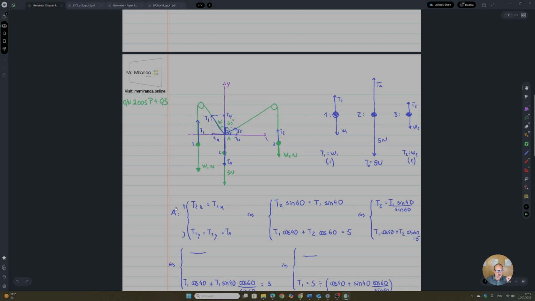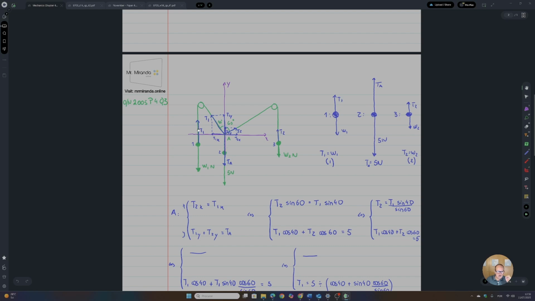All right, so on point A, what do you have? Let's look at the forces that you have. You have the weight, you have the tension of A, okay? The tension of A on point A is down. I represent it here as a vector. All the forces here on point A that matter to this question are represented in blue.